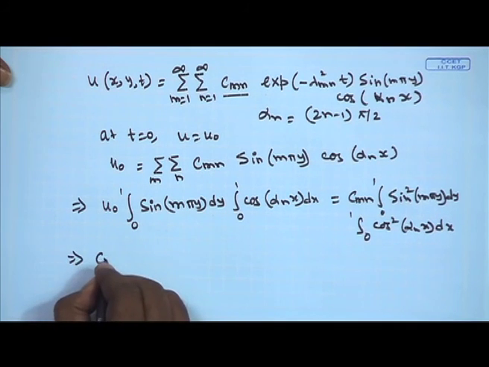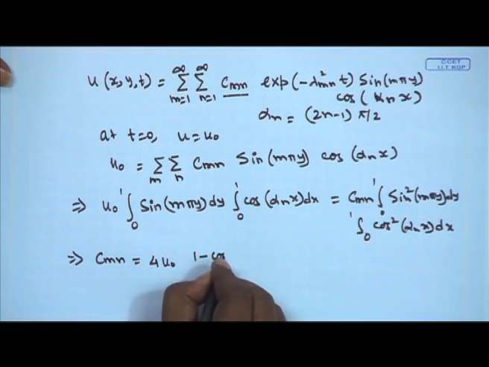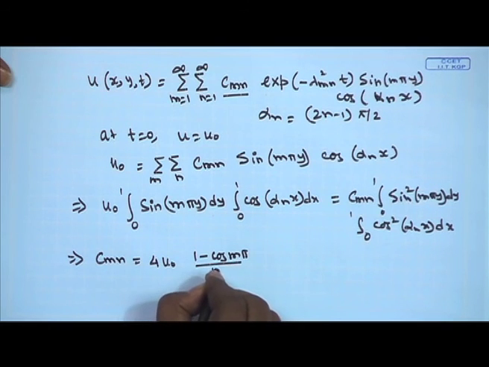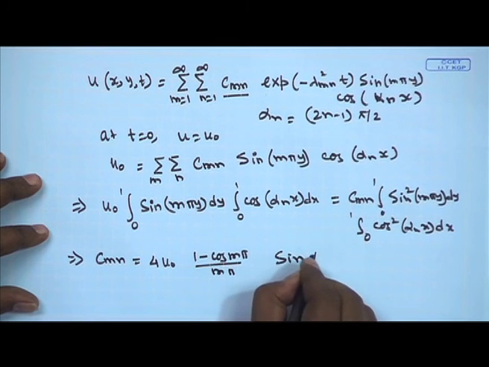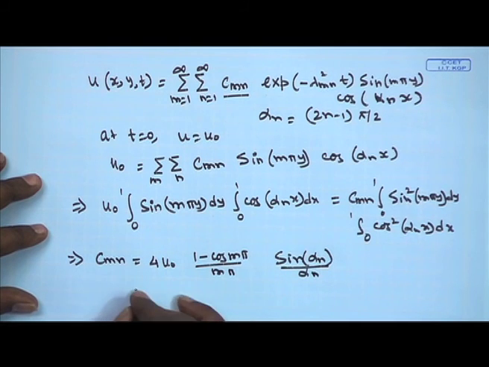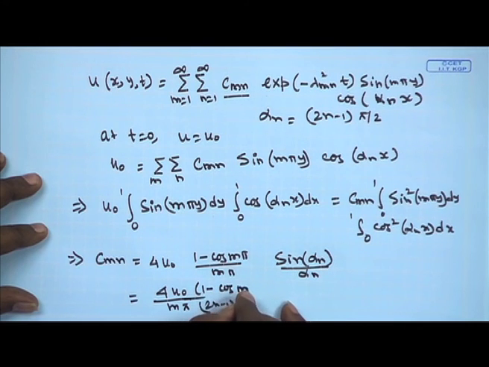So, we will be getting C_mn is equal to 4 u naught, times (1 minus cosine m pi) divided by m pi, and this will be sin alpha_n divided by alpha_n. So, I will be getting 4 u naught by m pi, and alpha_n is (2n minus 1) pi by 2, and on the numerator we will be having cos m pi sin alpha_n.